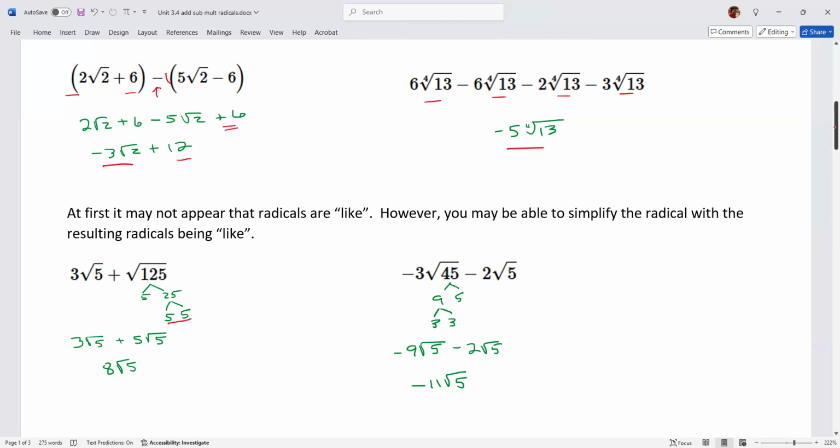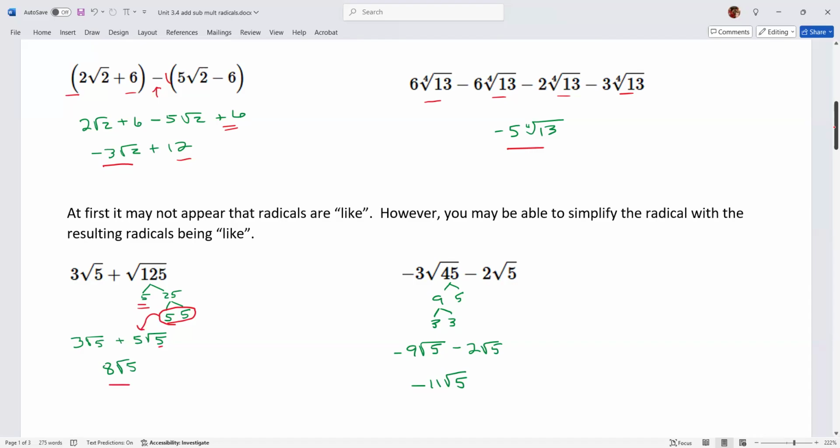Well, since it's a square root, every time we get a pair, that number appears on the outside. So those two fives come out as a 5 in front. This one 5 that was left over that doesn't have another matching pair stays in. And now you can see we have like radicals. We have square roots of 5 in both cases. So we just add those up, 8 square root of 5.